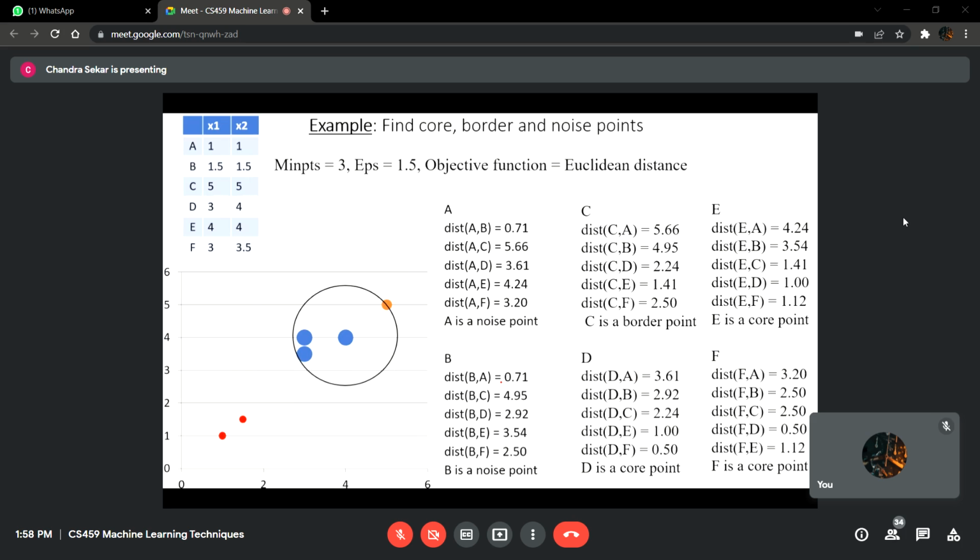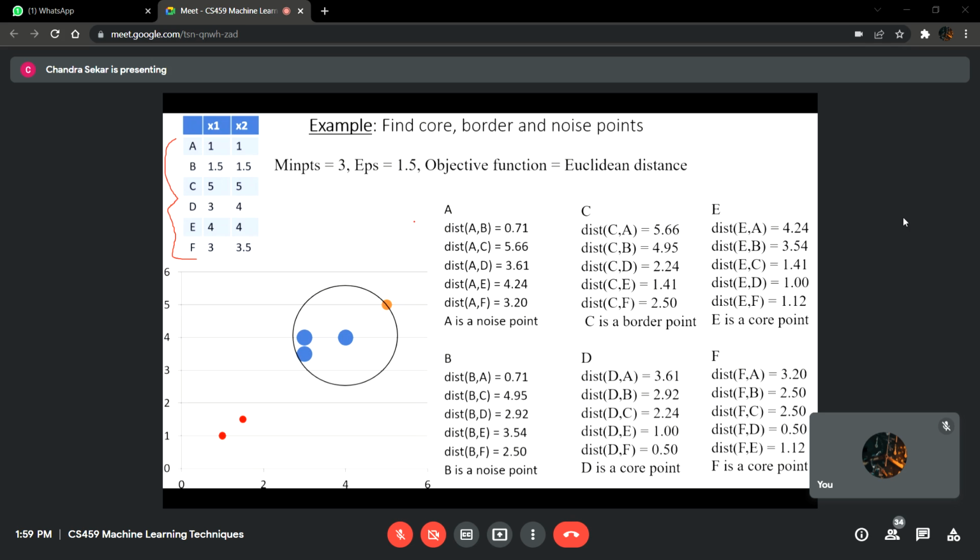Let me explain this DBSCAN clustering algorithm with an example data. A data set is considered here, for example. Here there are 6 points, A, B, C, D, E, F, and say they have two parameters, x1 and x2. Some data points are given here. Now you are asked to perform the clustering with DBSCAN.